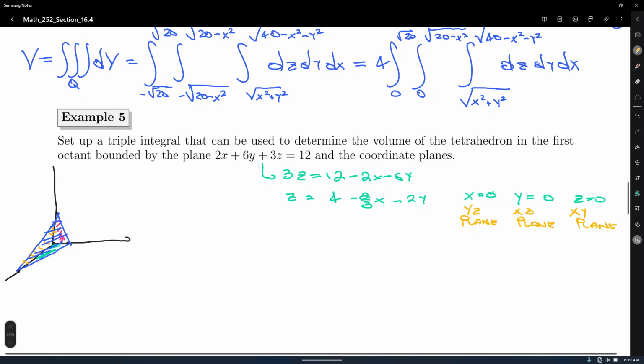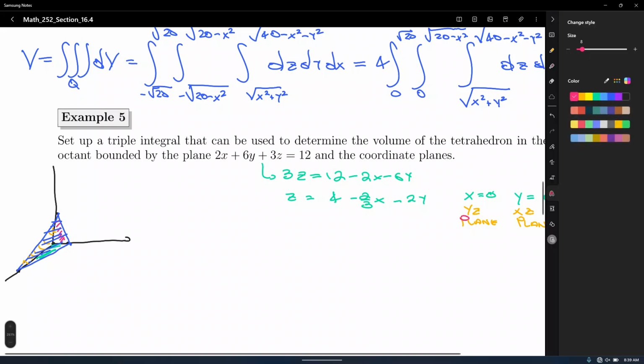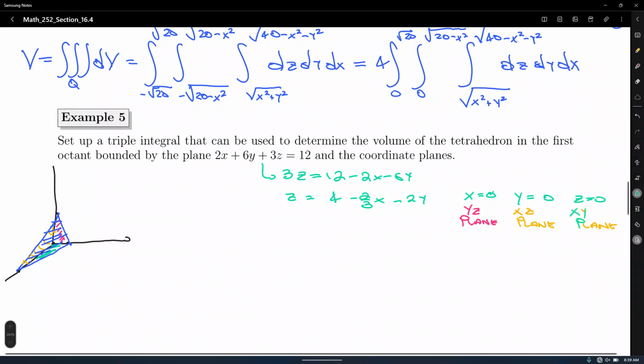That is the walls in color right here. The yz plane is in red. Let me change color so you can see it. That is this wall in red. The xz plane is in yellow, and the xy plane is in green. Just to color code what we're plotting versus what we are denoting here.